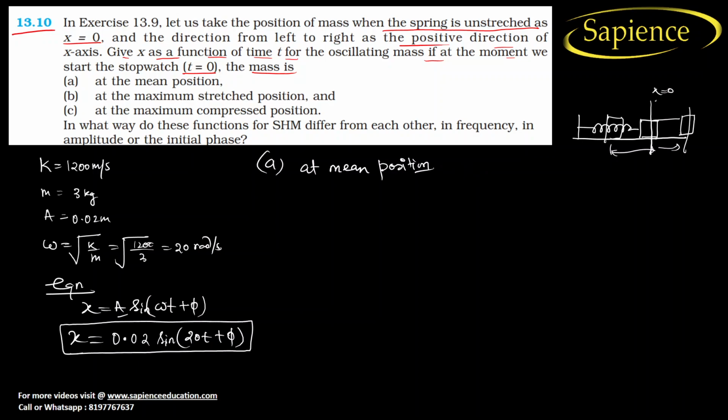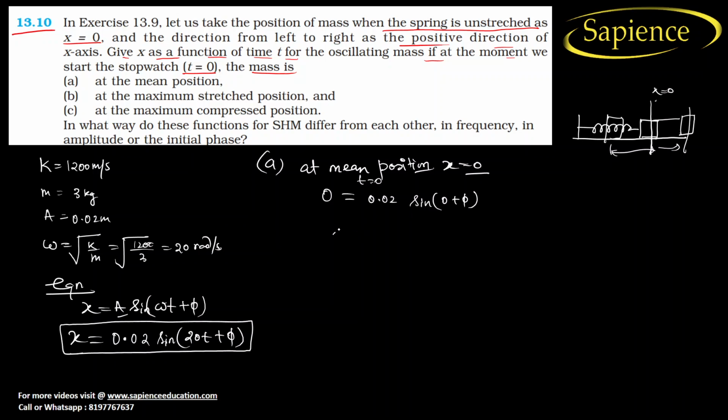So at mean position, the value of x will definitely be equal to 0. So x is equal to 0 at time t is equal to 0. We need to put the values here. So this will be 0.02 sine of 0 plus phi.